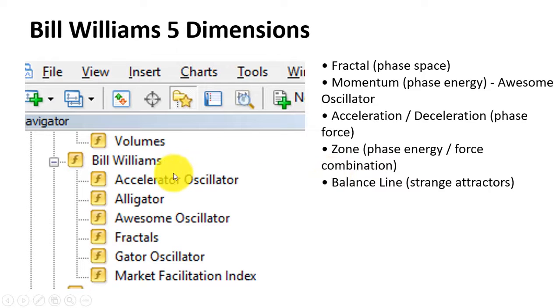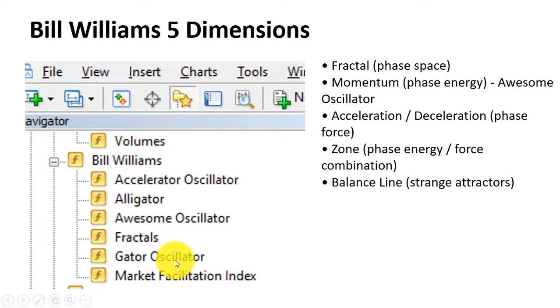From your MT4 platform, MetaTrader 4 platform, you will see a group of indicators called Bill Williams. So we have the Accelerator Oscillator, which is the AC, the alligator, the Awesome Oscillator, which is the AO, fractal, gator oscillator, and market facilitation index.